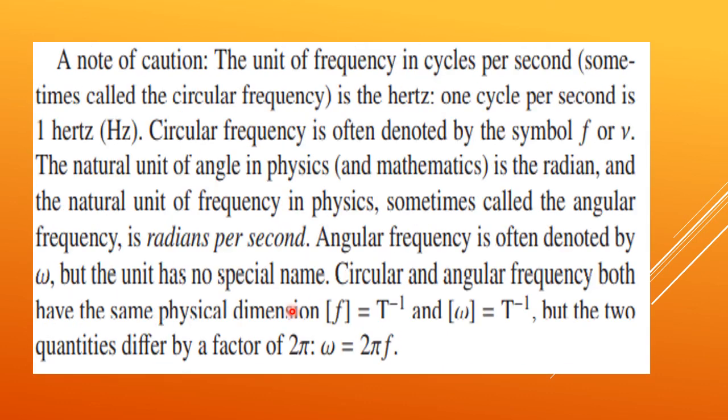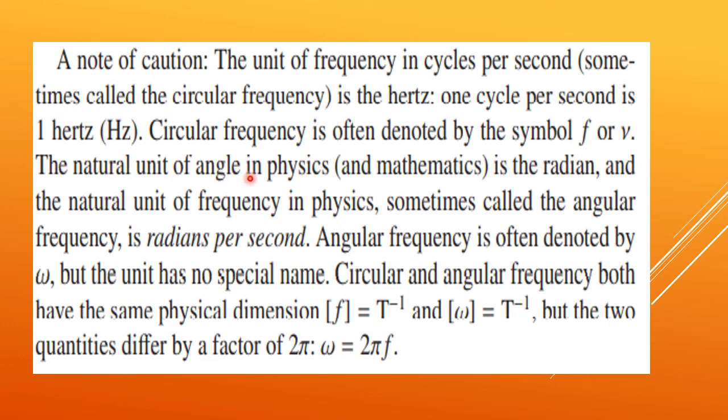Okay. Now, another important point is the unit of frequency. It is cycles per second, and it is sometimes called the circular frequency. One cycle per second is called 1 hertz. Okay. Circular frequency is denoted by the symbol f or nu.